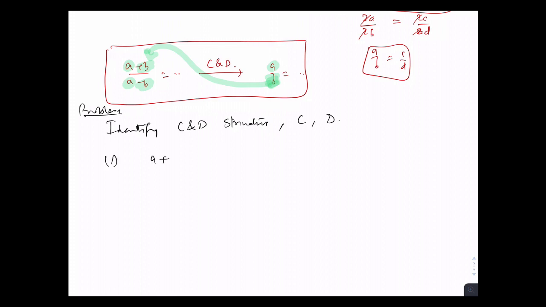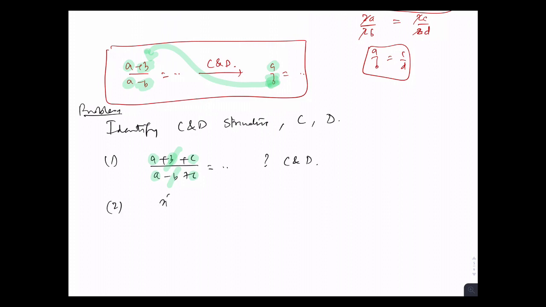Let us take the first form: (a+b+c)/(a-b+c) equal to something. Does it have a componendo, dividendo, or componendo-dividendo structure? You can see these two terms have the same sign, and these have opposite signs, correct? So it is a componendo and dividendo structure.